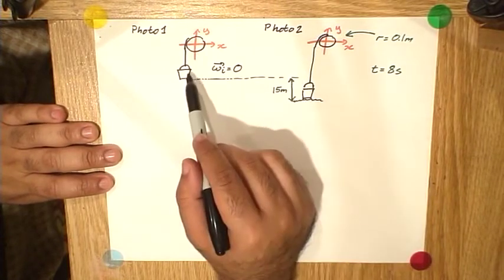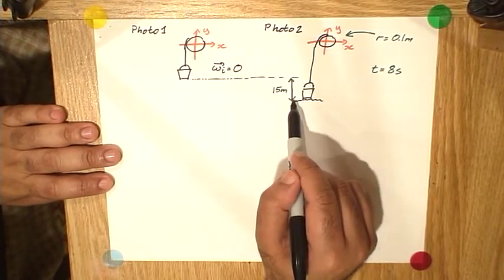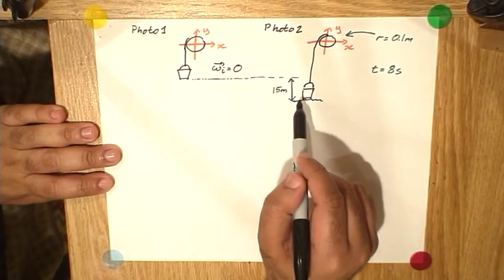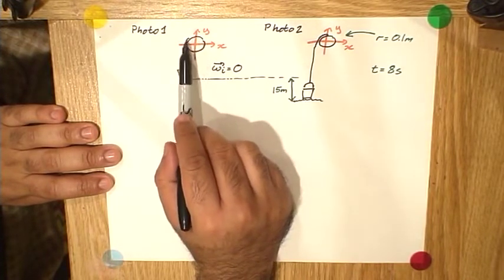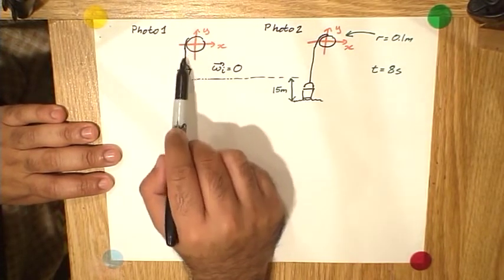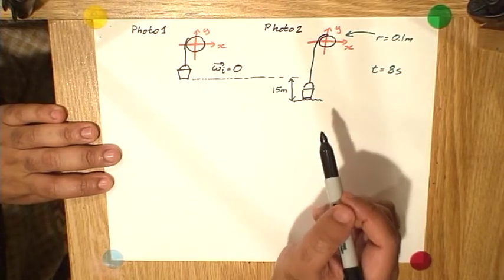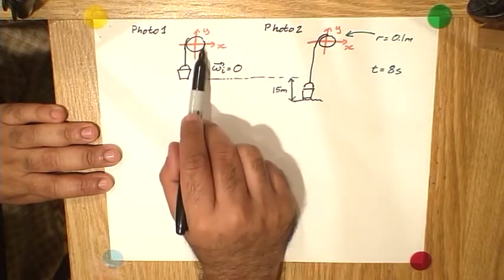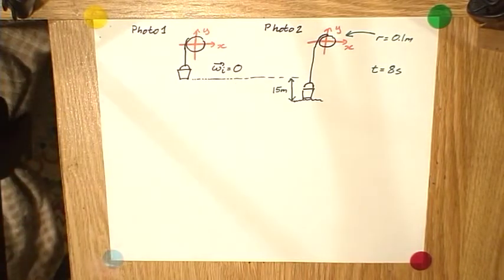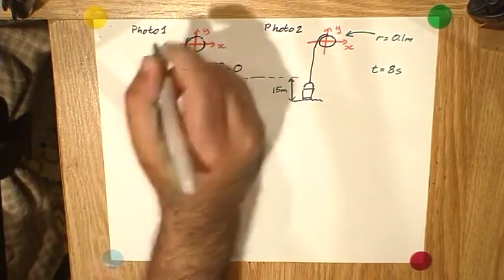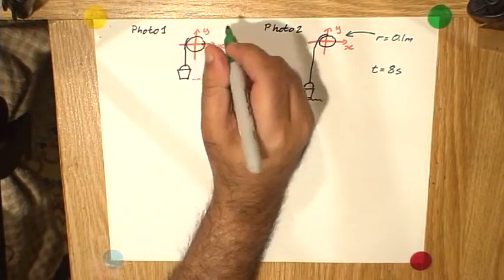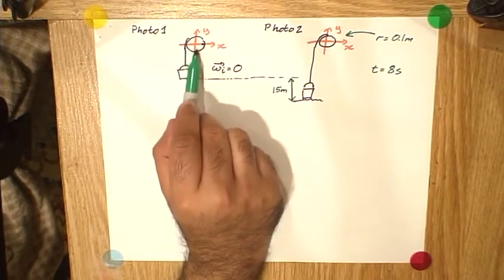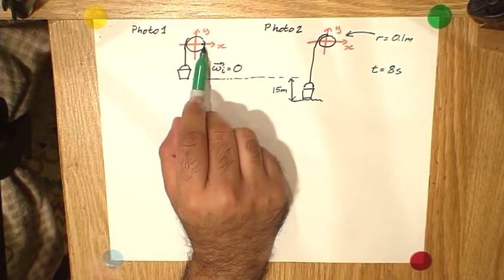We were told that the bucket is going to descend by 15 meters. And if that's the case, that means that the rim of the pulley wheel must also have rotated by 15 meters. So if I had a spot on the rim, something like this over here, this spot must have traversed a total distance of 15 meters.